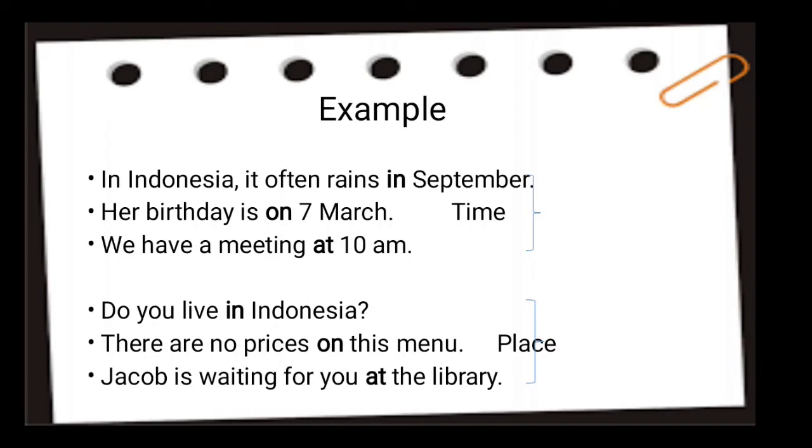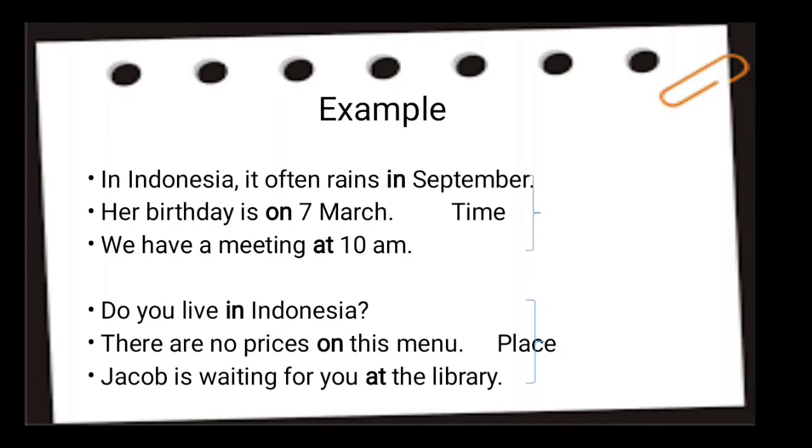And for the last, we have a meeting at 10 a.m. Why is the preposition used in this sentence at? Because 10 a.m. is an hour, and an hour is more specific than months and dates.